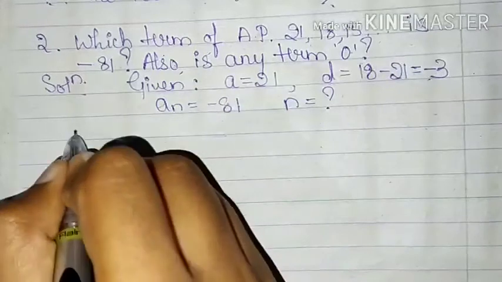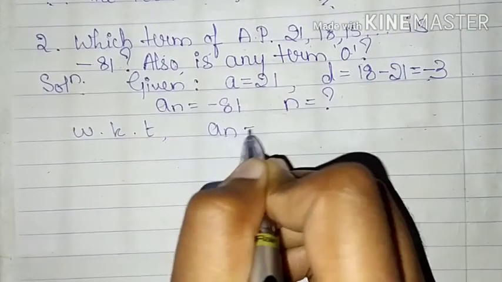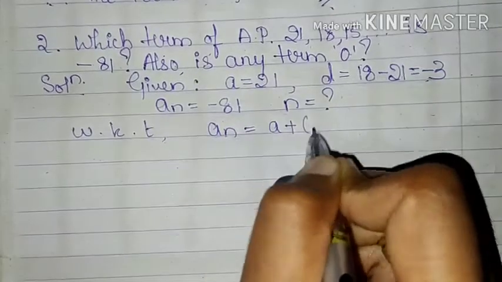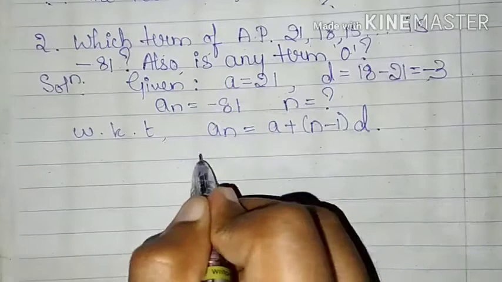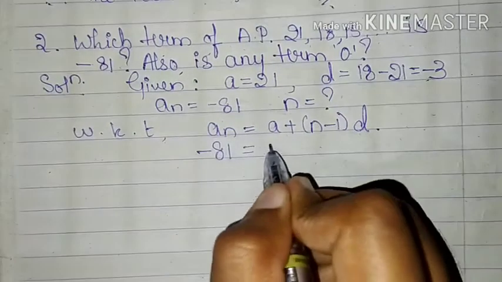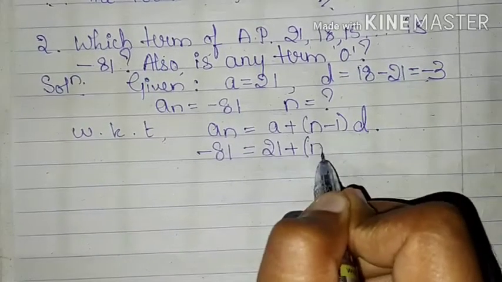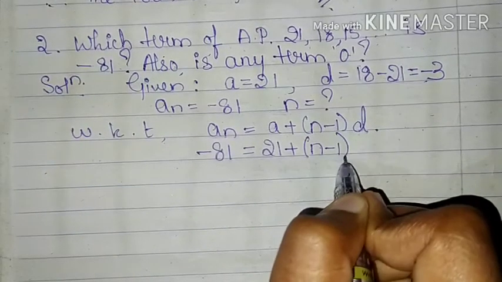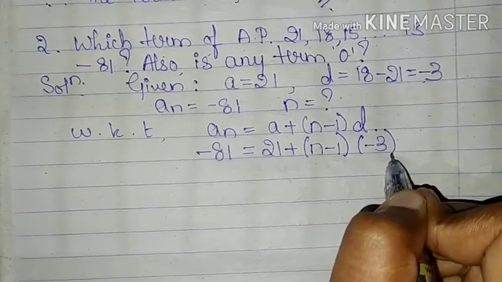So we know that An is equal to A plus (n minus 1) into D. An is minus 81, which is equal to A, which is 21, plus, we don't know the value of n, so let us keep it just like that, (n minus 1), and D is minus 3, it is multiplied.